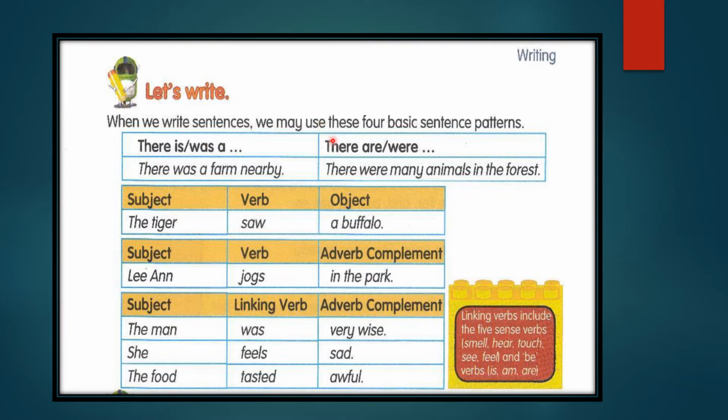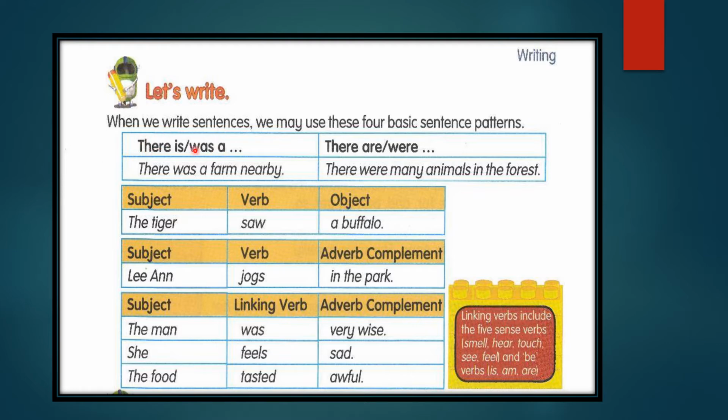Now, let's look at these 4 basic sentence patterns. You may use these basic sentence patterns in your story, in your essay. The first one, we have there is. This one is in present tense. Or there was.